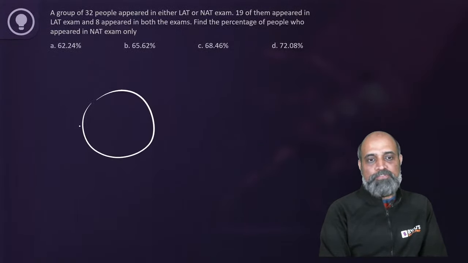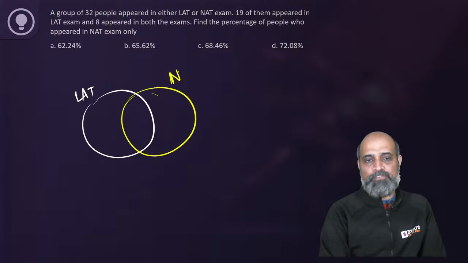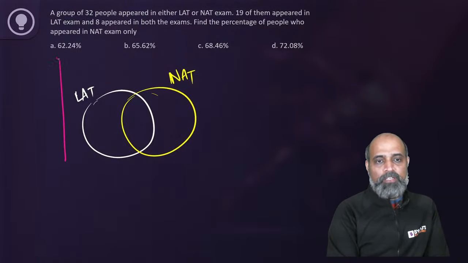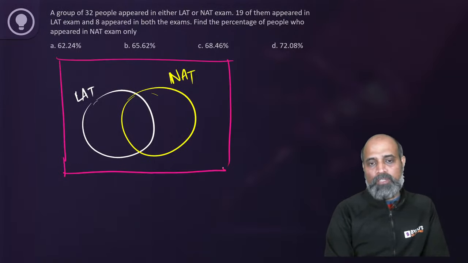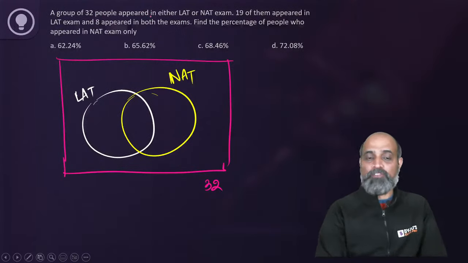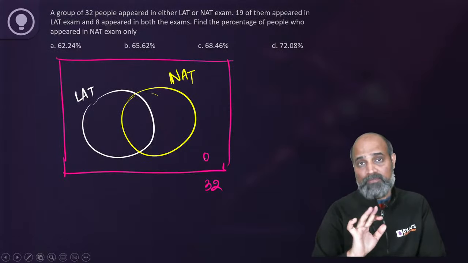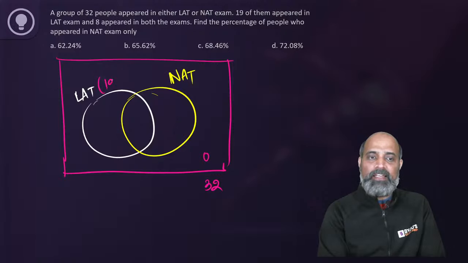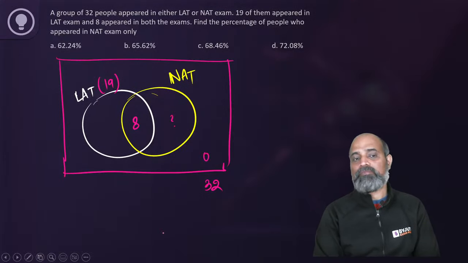So we have two set ka question hai na, LAT and then we have NAT. And the other thing that we are told is total 32 log hain. And out of these 32 people, they appeared in either one of these. This is 0. Same logic. 19 of them appeared in LAT. 8 appeared in both. How many people appeared here only in NAT?